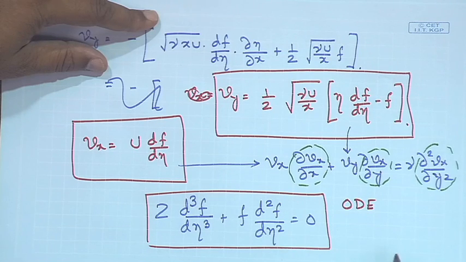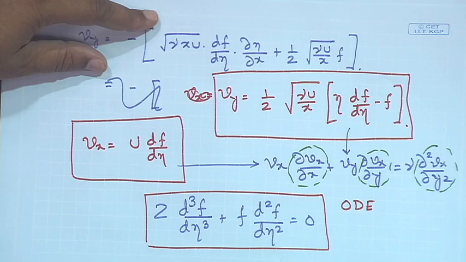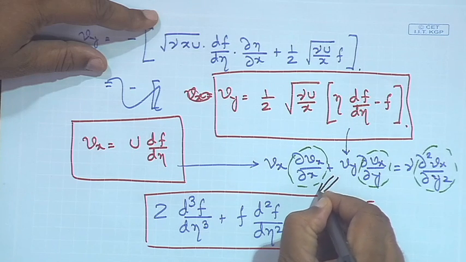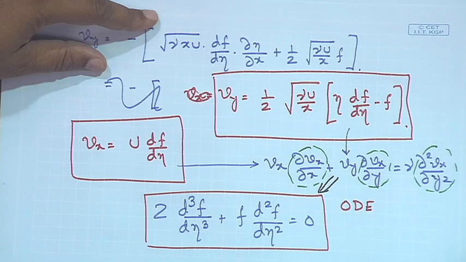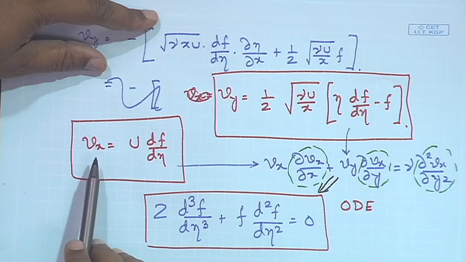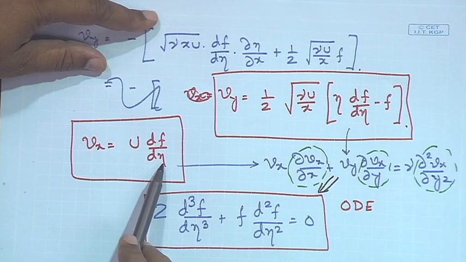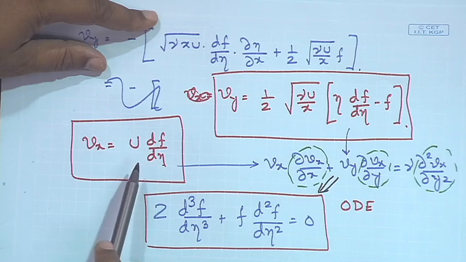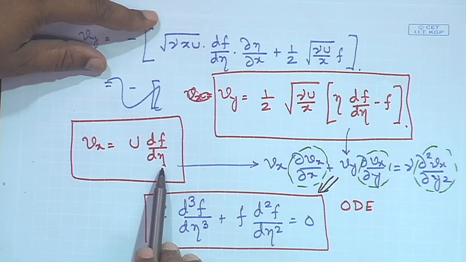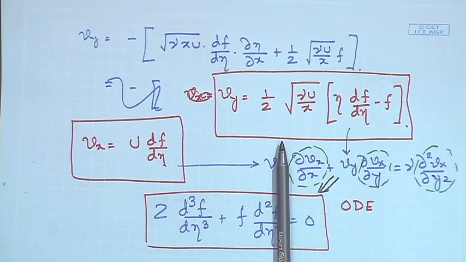So we are successful in transforming this PDE to an ODE by invoking a stream function, through the use of a combination variable eta that contains both x and y, and a judicious selection of the expression of eta from an order of magnitude analysis, which enables us to convert the PDE to an ODE.